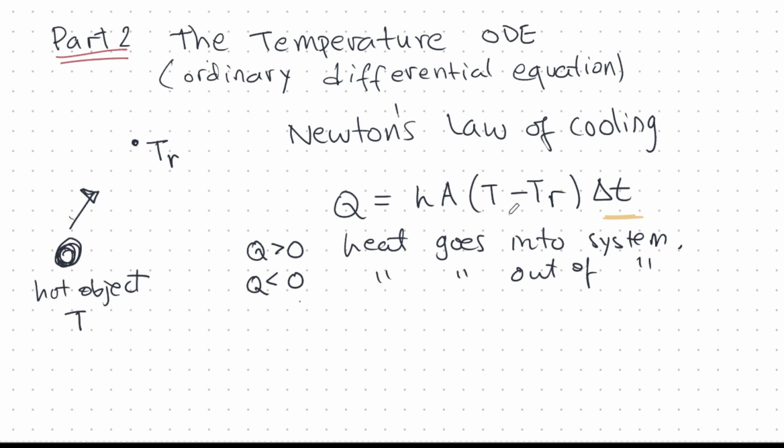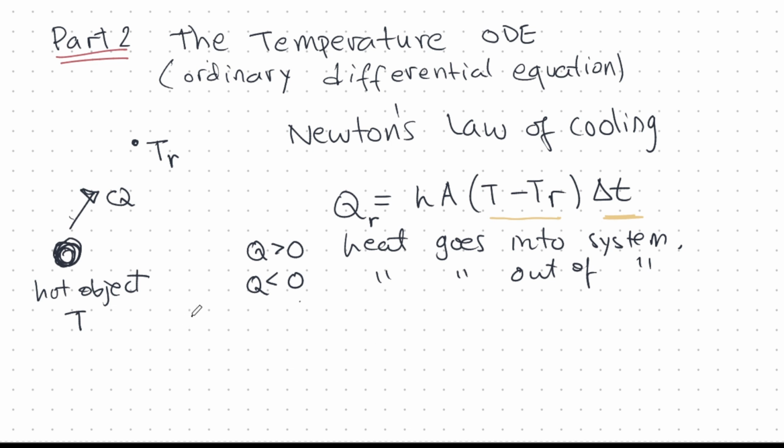If you look at this, T minus T_R, when T is very big, this is positive, and so the heat must be moving into the room. So I'll put an R here, subscript R, meaning this is heat from the perspective of the room, not the perspective of the hot object. Okay, so that's actually a peculiarity of how Newton's law of cooling is written. So it's better to be very explicit about this.